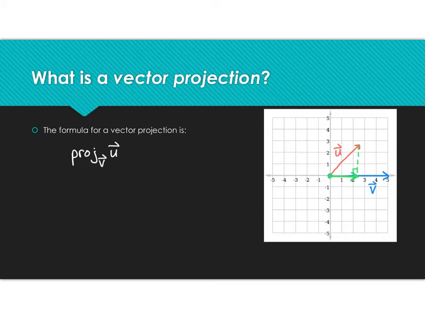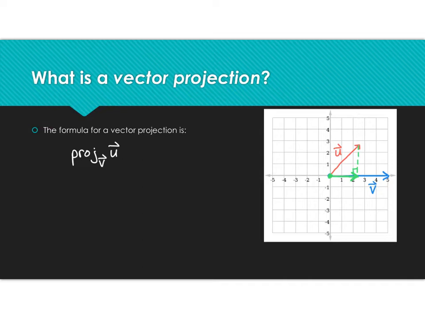Okay, it's kind of like if the sun is directly overhead, like the javelin problem from our quiz. If the sun is directly overhead, it's going to create this shadow at a 90-degree angle. The projection is kind of that shadow. So a projection is you go from the end of vector u, since we're taking the projection of u onto v, perpendicular to vector v, and it's just that section of vector v that is the projection of u onto v.